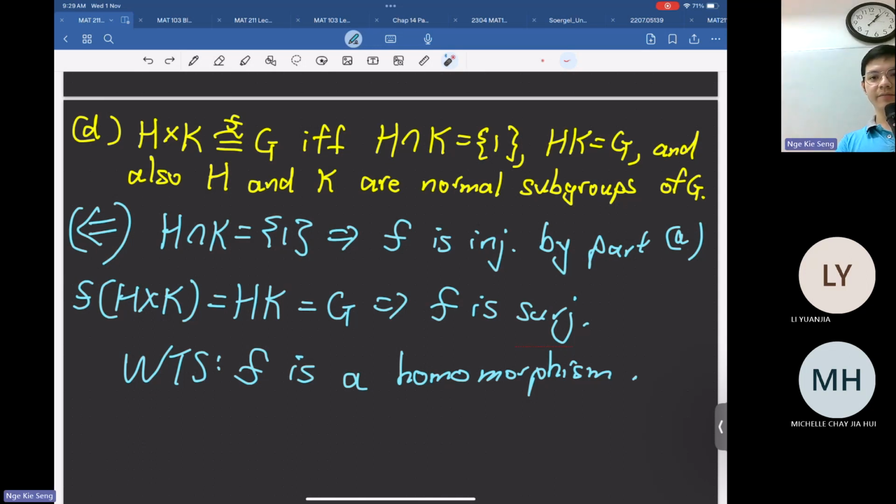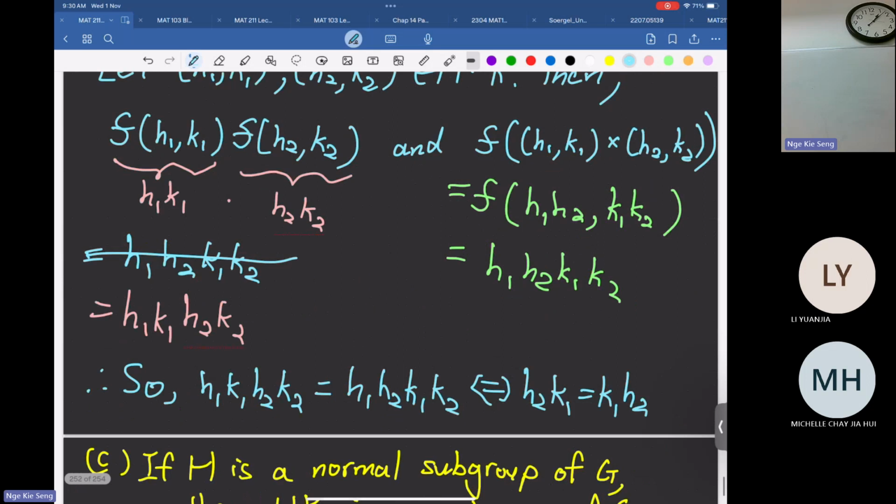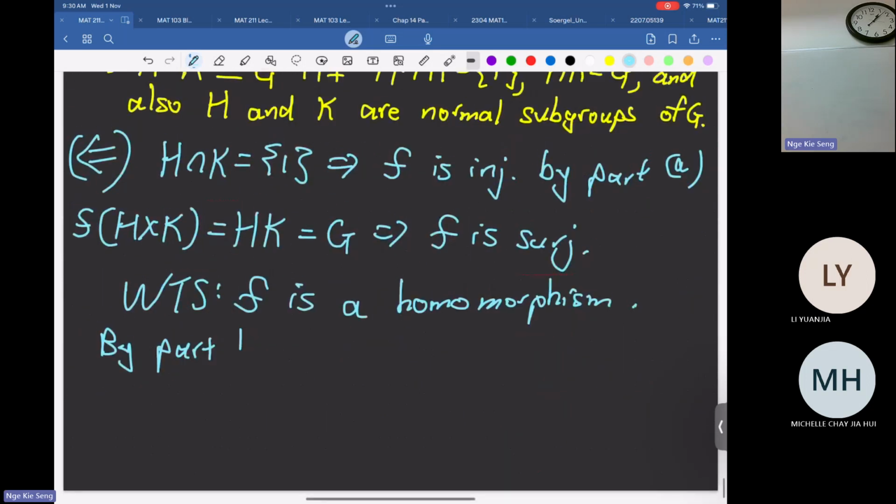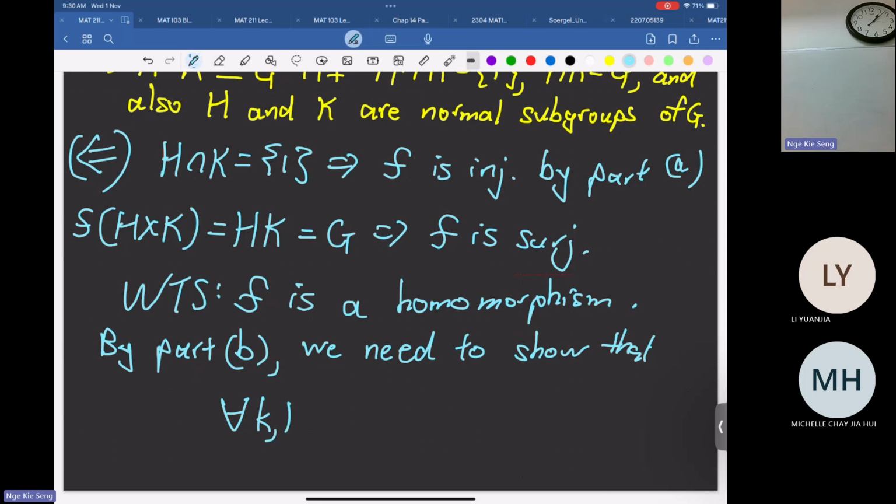How should we prove this? I want to show that F is a homomorphism by part B. We need to show that for all h in H and k in K, hk equals kh. This is what we want.